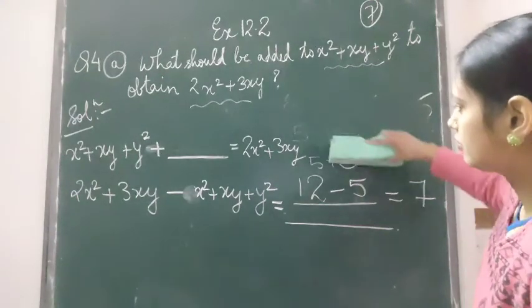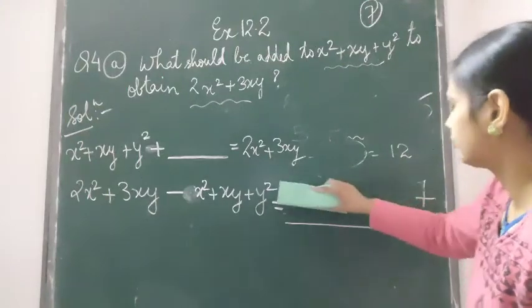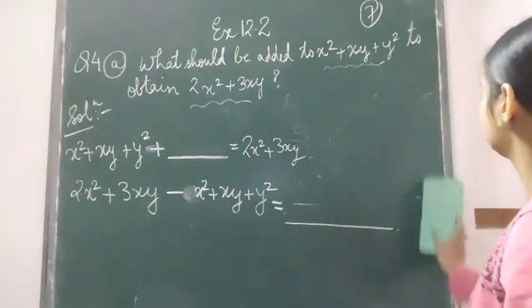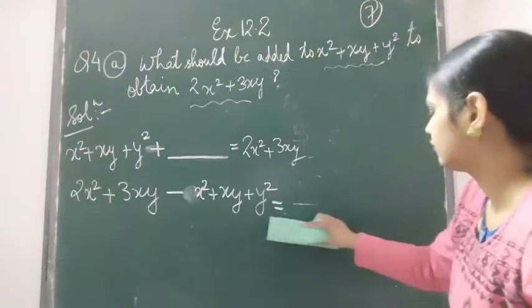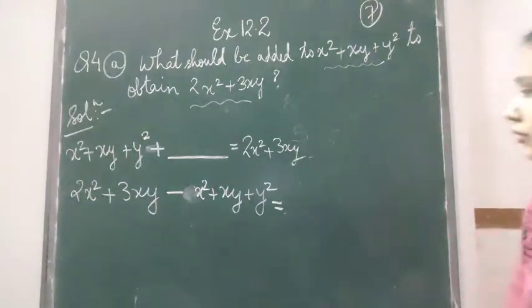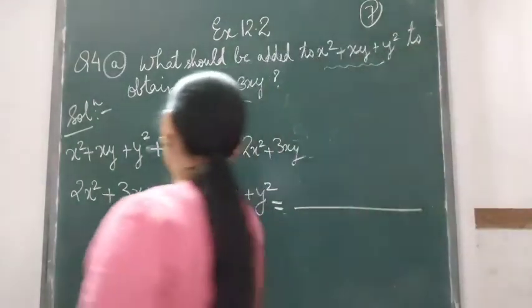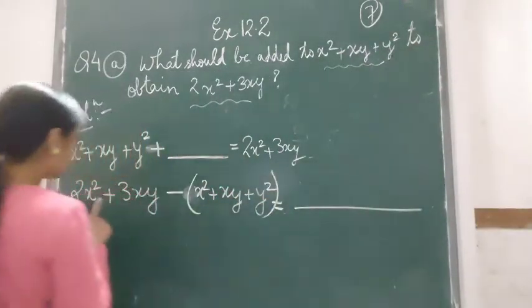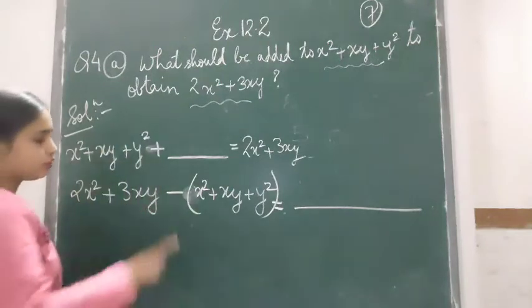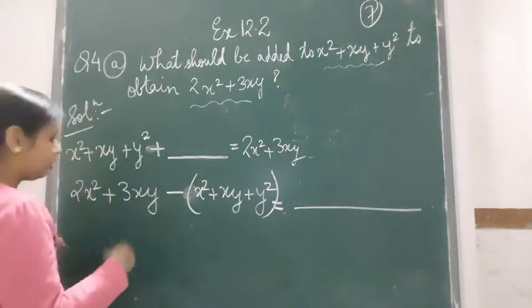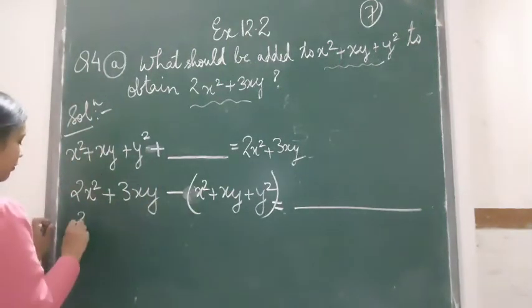That means we need to subtract this and this term. So first thing, we remove the bracket, not the minus sign, children.